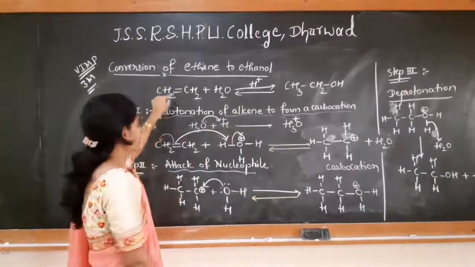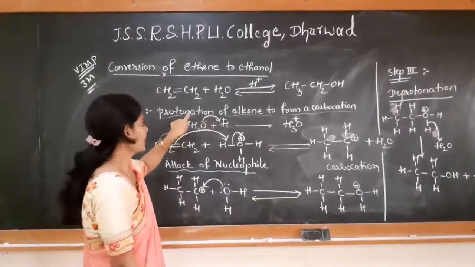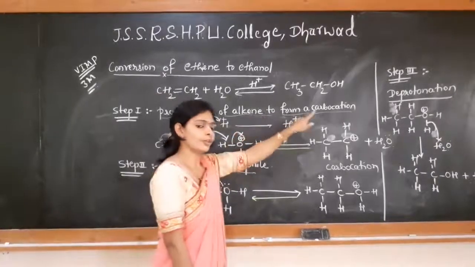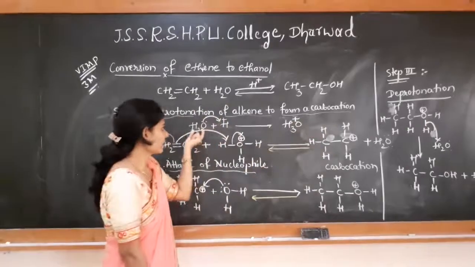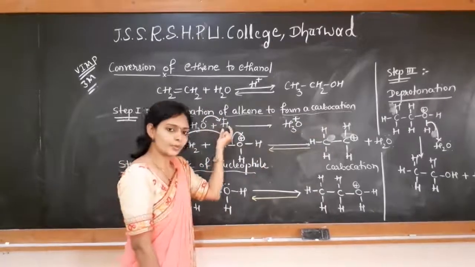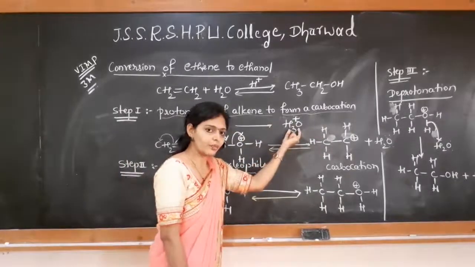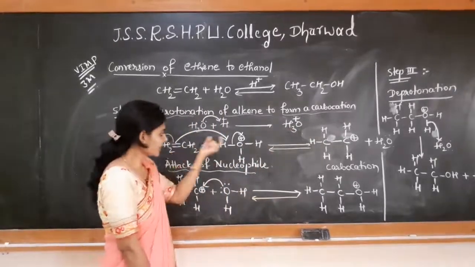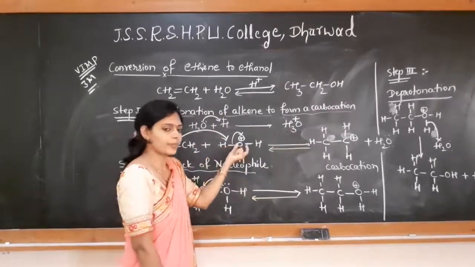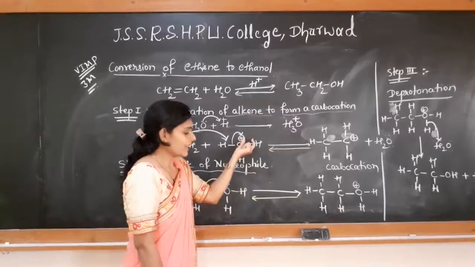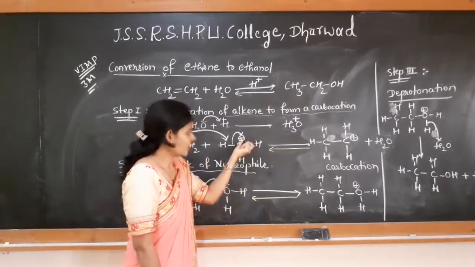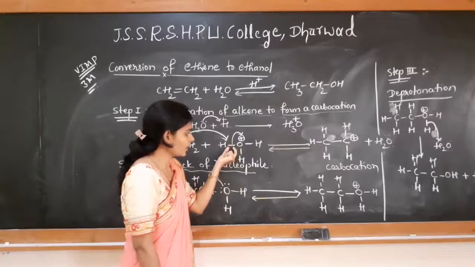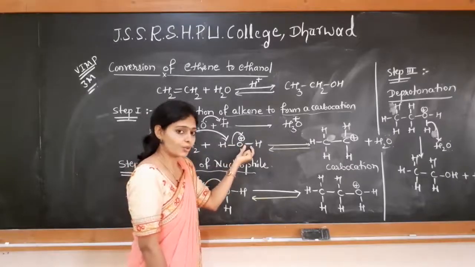I repeat, in the first step, there is a protonation of an alkene to form a carbocation. So here, water abstracts the proton to form a hydronium ion, which acts as an electrophile. It attacks the alkene. During that process, oxygen, being electronegative, can't bear this positive charge, so it takes up the electron from the OH bond and releases out as H2O.